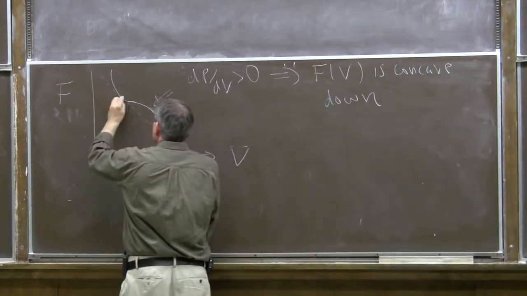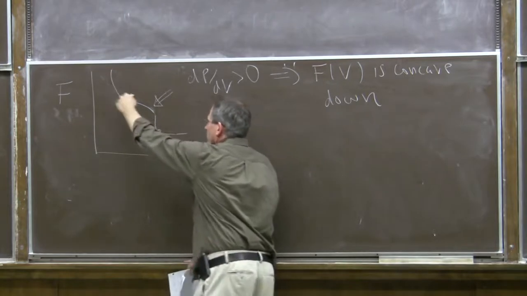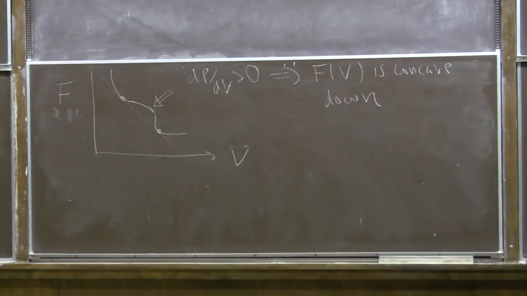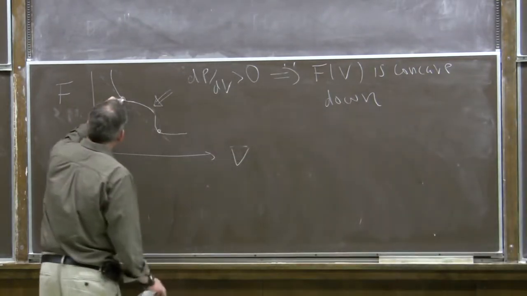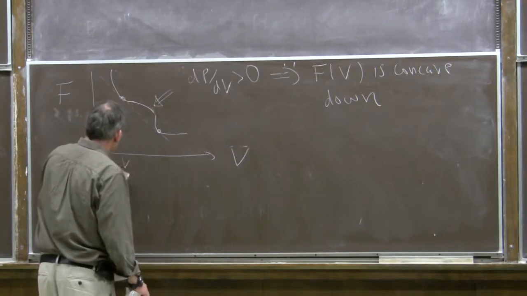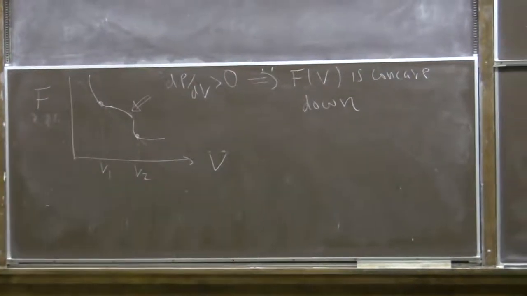But suppose, instead of following this curve which describes the free energy as a function of the volume for a homogeneous phase, I instead mix two different phases. So here there's a volume, call it V1, and here V2.